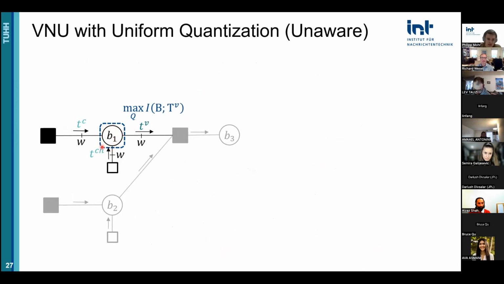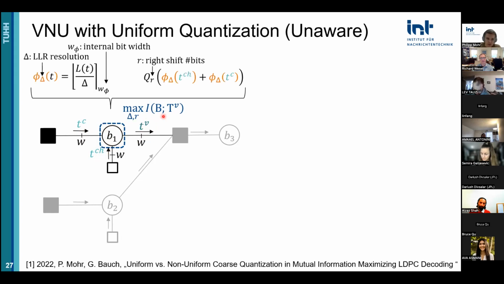And here we can see a variable node update where we have a channel message and a check node message. And then we optimize the operations here to maximize the mutual information within the output message here. So as you saw, we can do it in a computational domain way where we have a translation to log likelihood ratios, the addition, and then in this case, the uniform quantization, because it gives us low complexity.